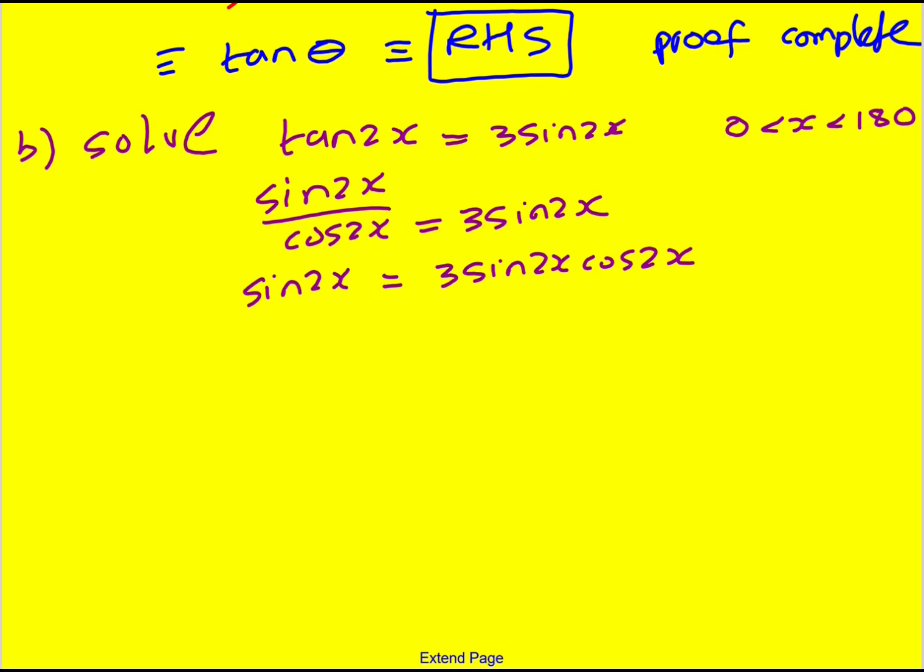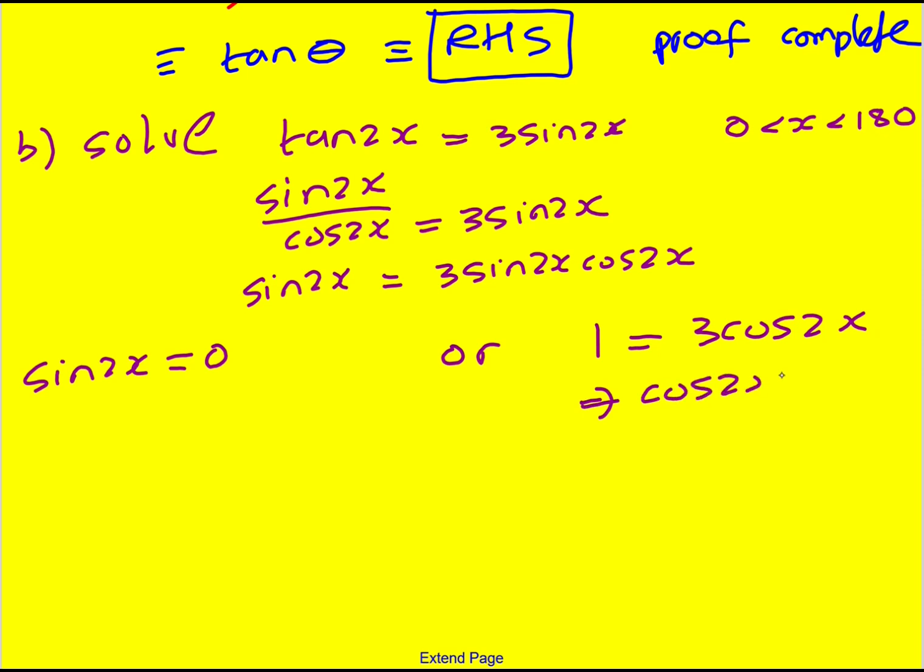You've got two options at this point. You can either cancel out sine 2x, but consider it equaling 0. And then that would leave me 1 equals 3 cos 2x, which implies that cos 2x is equal to a third.